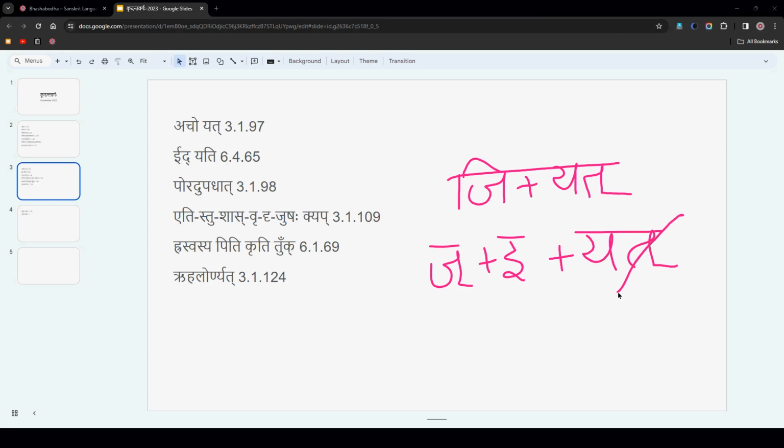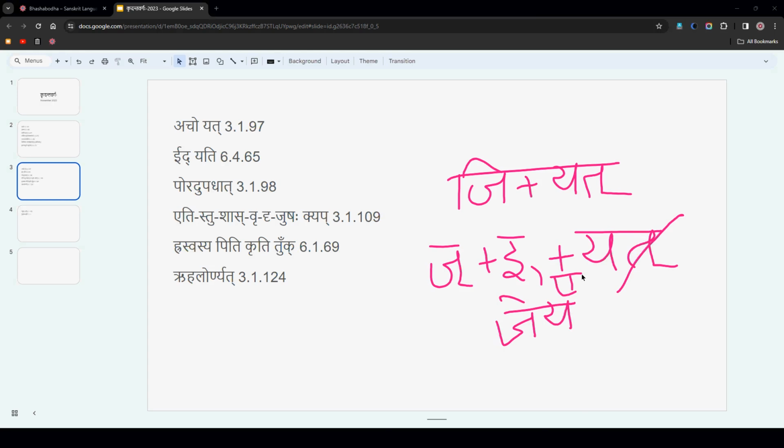The takara goes away because it is designated as an it letter, and we have ji. Because i changes to e by a different sutra called sarvadhatukardhadhatukayoh.